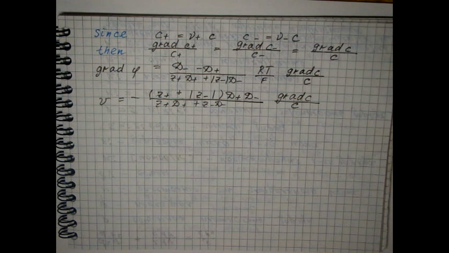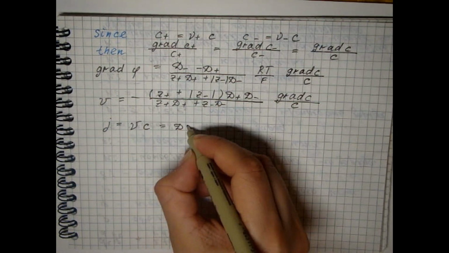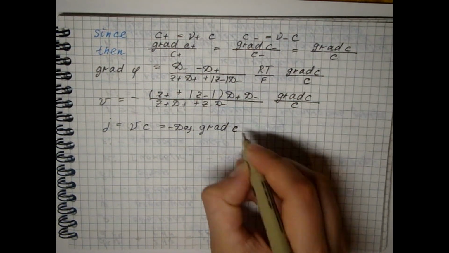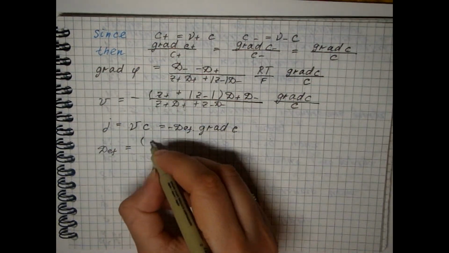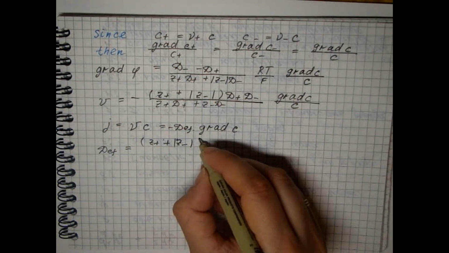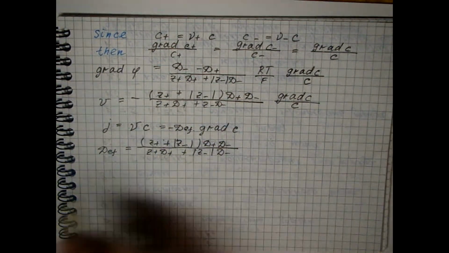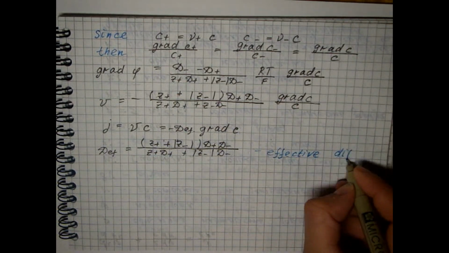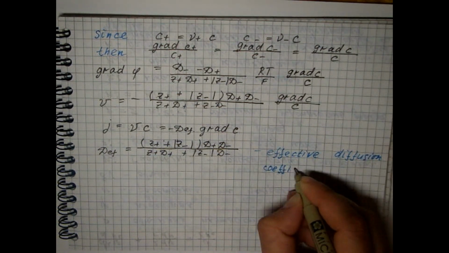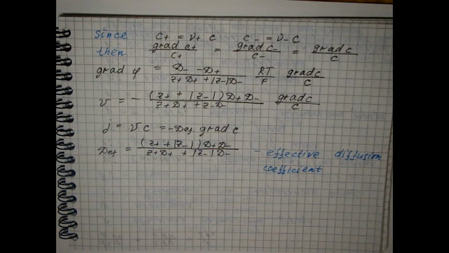Then the total electrolyte flow can be represented as, the term effective reflects the fact that in reality the movement of ions under the consideration conditions occurs not only due to diffusion, but also under the influence of an electric field.